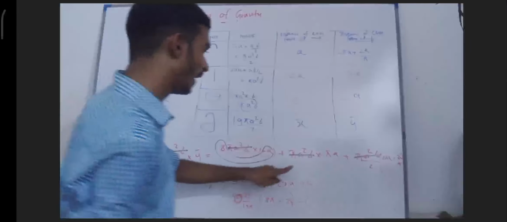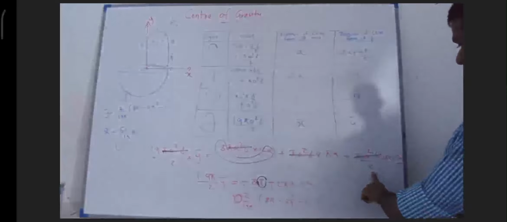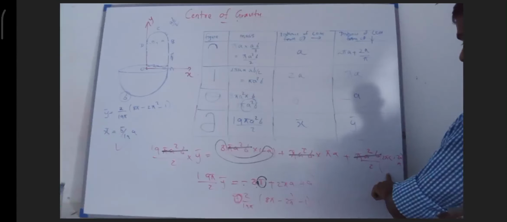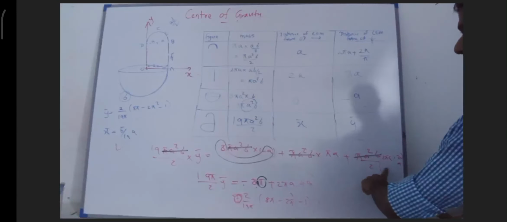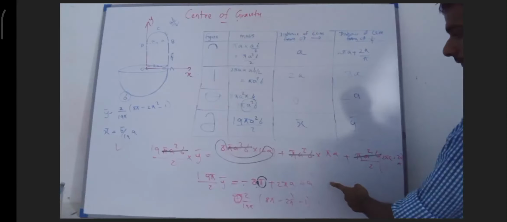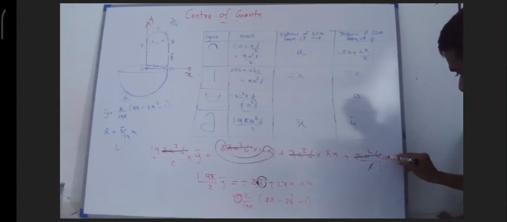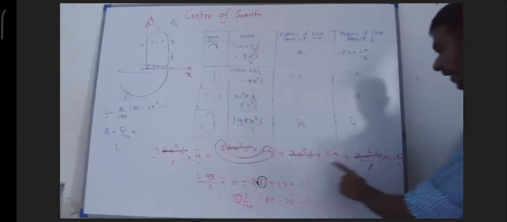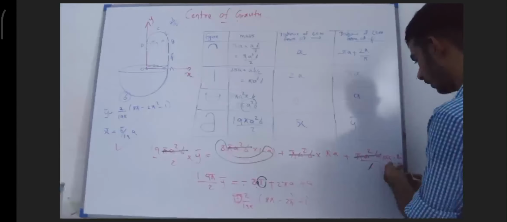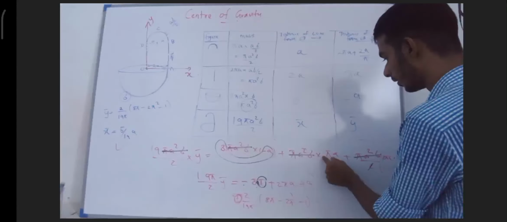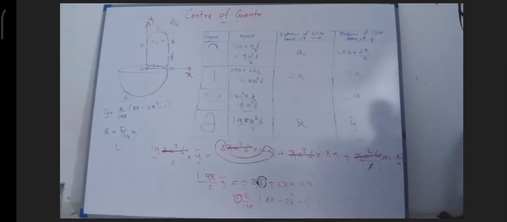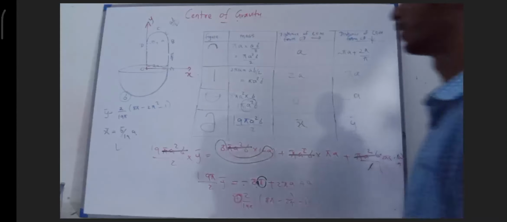Minus 8 a pi, and this portion also will be multiplied by a pi. Yeah, and I can eliminate this 2 and this pi. Oh, 2 pi square a should be there. I'm sorry, so this is 2 pi square a.